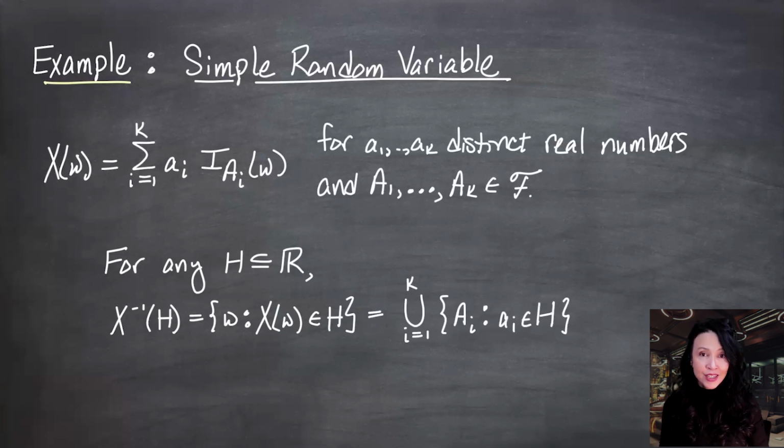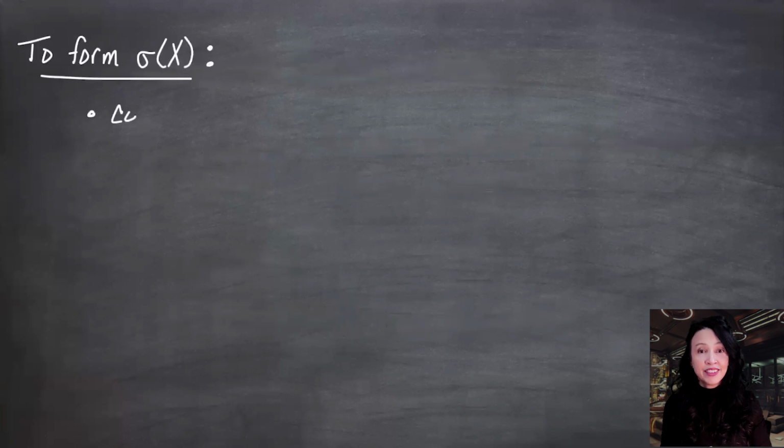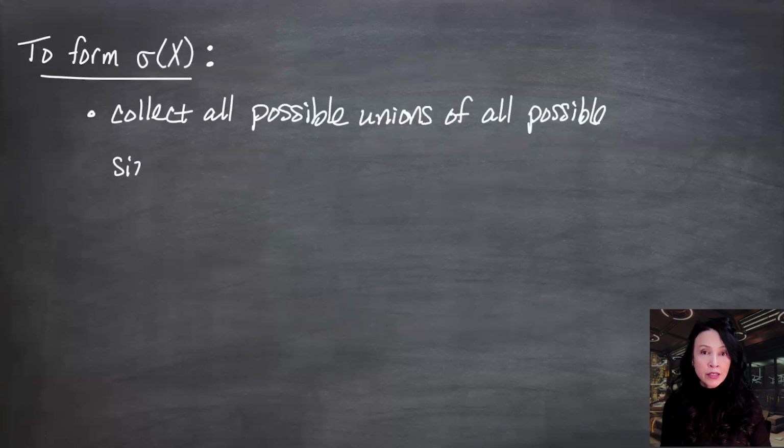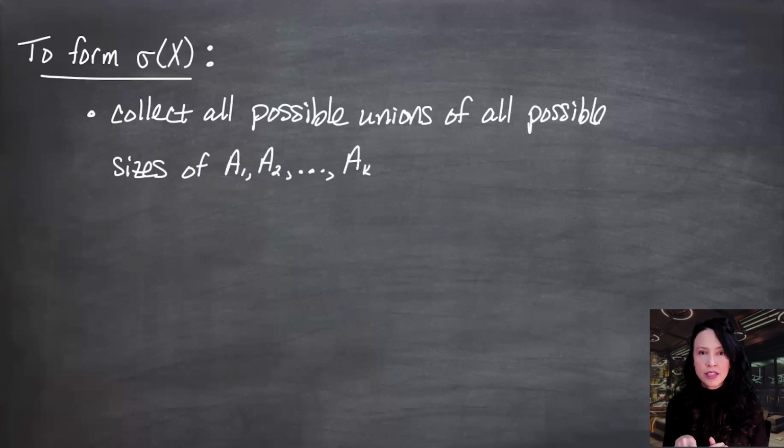So for any H that's a subset of R, we have a picture now of what this inverse image would look like. We're going to get a union of the sets capital AI if the corresponding little AIs are in H. So do we have a sigma field? We are collecting all possible unions of all possible sizes, unions of 2 things, 3 things, 4 things, up to K things, of the sets capital A1 through capital AK.